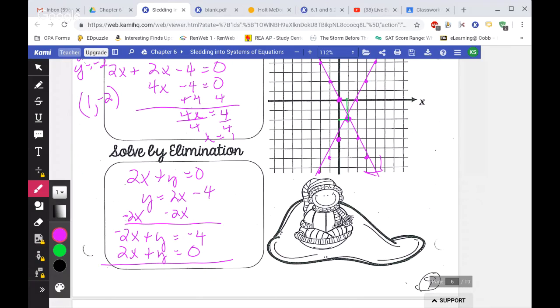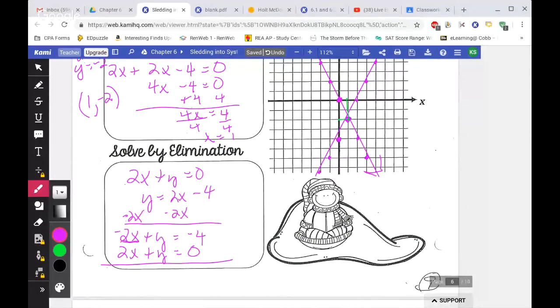Opposite signs you add, same signs you subtract. So if I pick the x's, I've got to add the two equations. If I pick the y's, I've got to subtract one equation from the other. Anybody have a preference? Eli just asked if you could do that again. Yes. Aiden said that he would subtract.